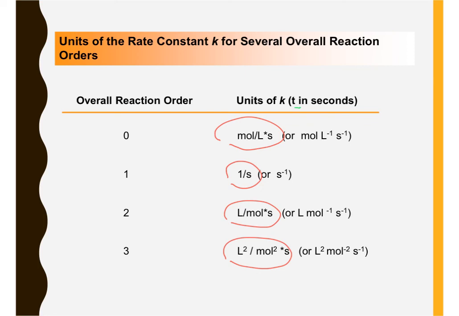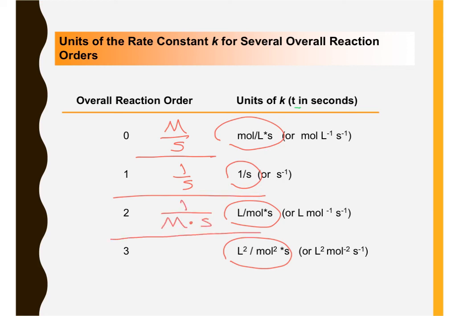So 0 order is molarity over second. First order is 1 over second. Second order is 1 over molarity times second. And third order is 1 over molarity squared times second. I think that's easier to see a pattern.